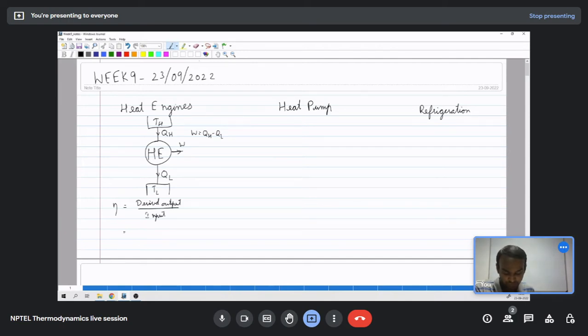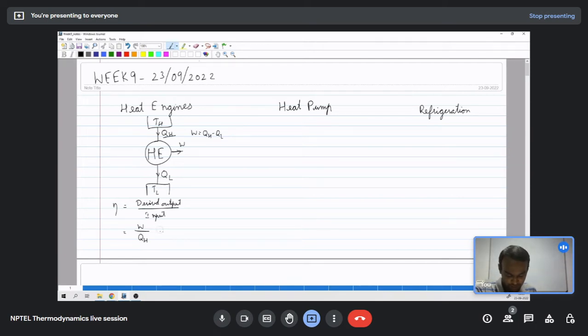So here the desired output is the work output represented by W, and the input given to this system is the QH, that is heat transferred from the high temperature reservoir. So efficiency is given by W by QH.